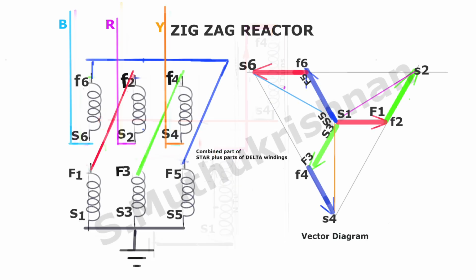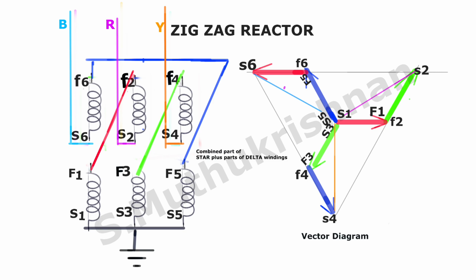So let us see how the vector diagram works here. The voltages are equal in each coil, and each coil is added with another coil of another phase in a reverse direction. So the vectors we are supposed to add are at 60 degrees.